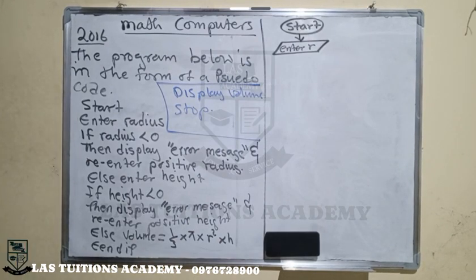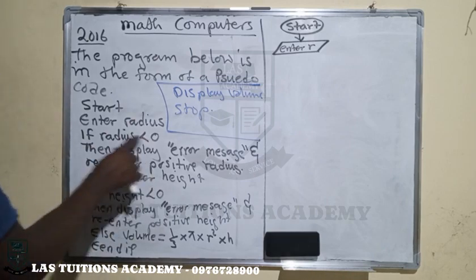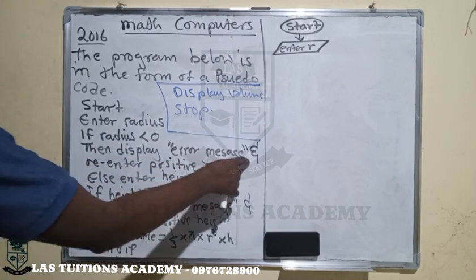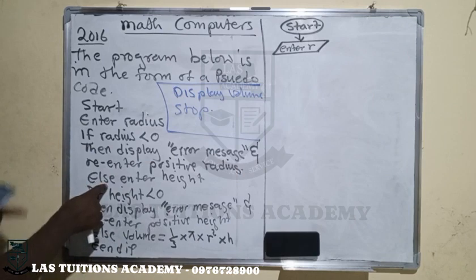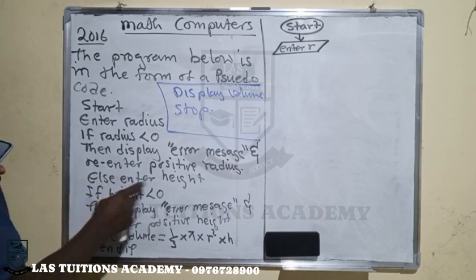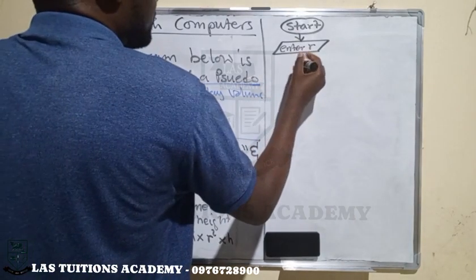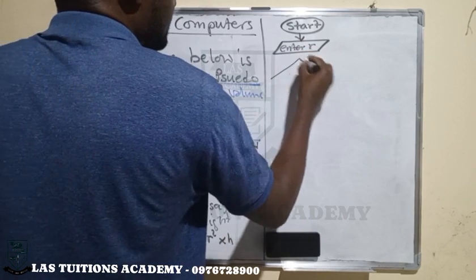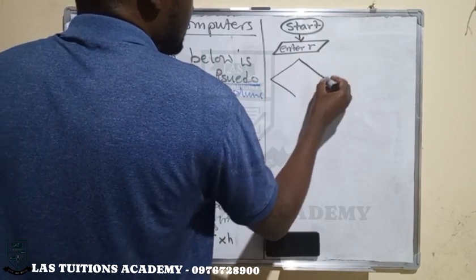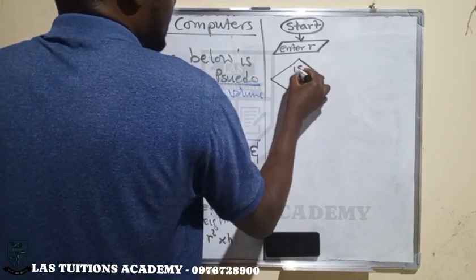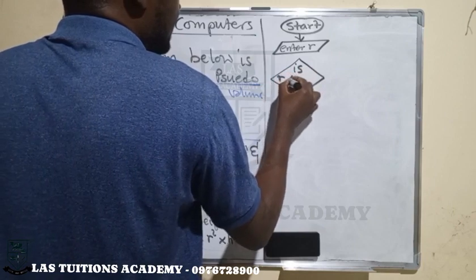Then the next says if radius is less than 0, then display error message. Else, meaning if it's not less than 0, then we enter height. So here there is a decision we need to make. Is radius less than 0?